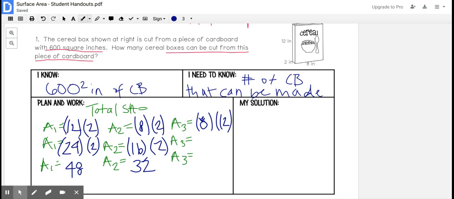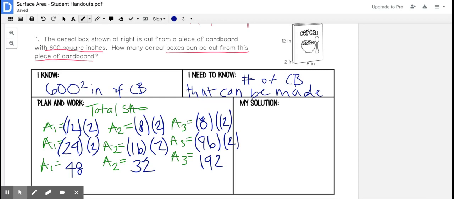So we've got 96 we need to write right here. And then we also know that that's only the area for one side, and we have two. So we need to do 96 times 2, which gives us a total for that part as 192 square inches.